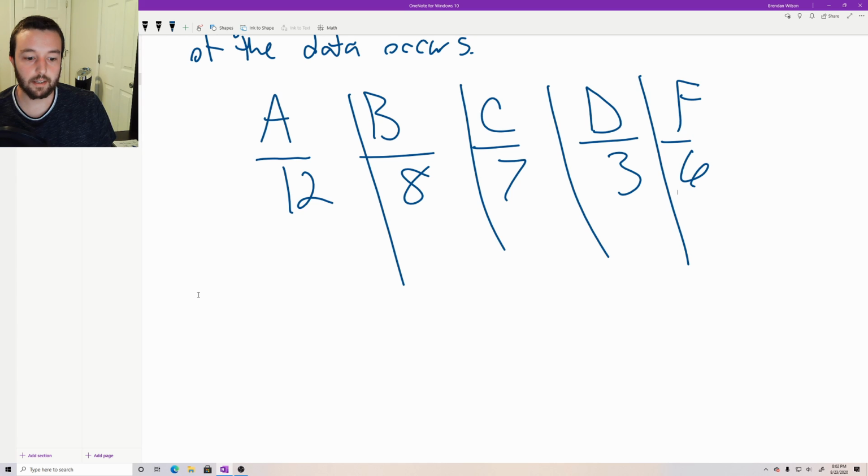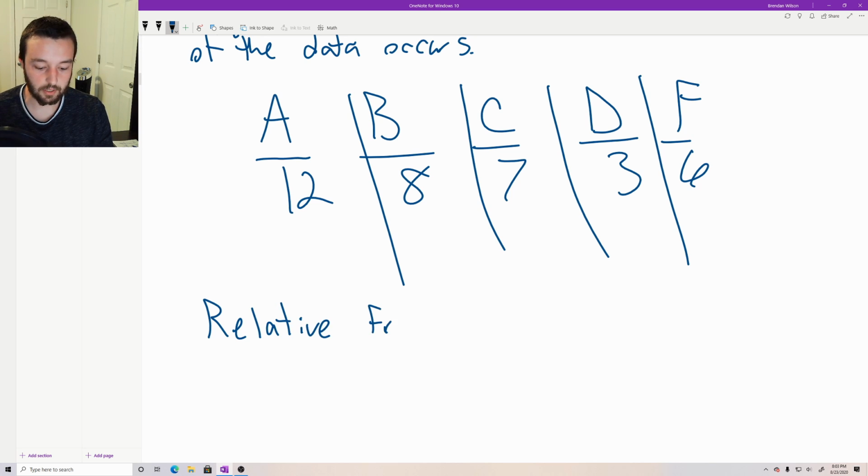Whereas if I have 10 people in my class and 6 people failed, that's 60% of them. So that's not good. That's over half the class. So the number itself is not usually too useful without any other context. So a lot of times what we're really interested in is what's called the relative frequency. Okay.